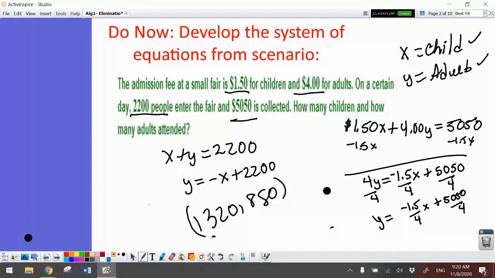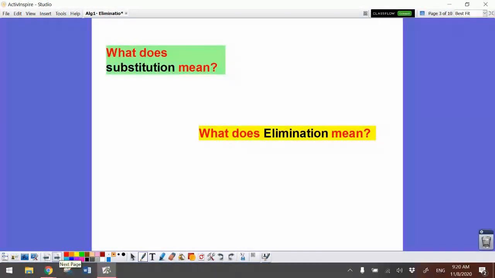The 1320 is how many children attended the fair. And the 880 is how many adults attended the fair. So there were 1,320 children that entered the fair on that day, and there were 880 adults. Okay, so that's a quick little review from the graphing stuff we just did over the last couple days.